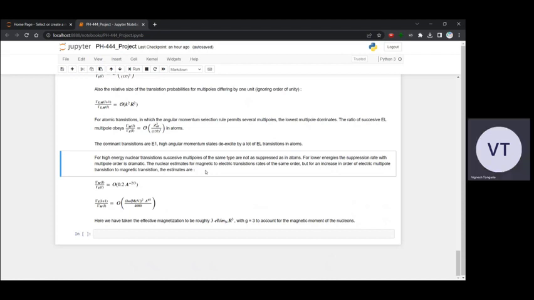So numerically, we can write kr to be less than h cross omega times A to the power 1 by 3 divided by 140.